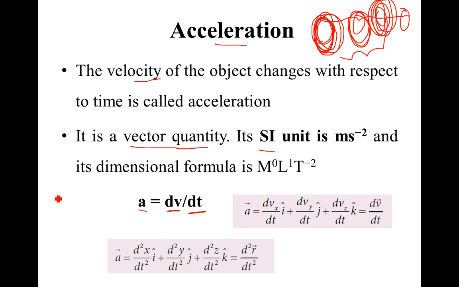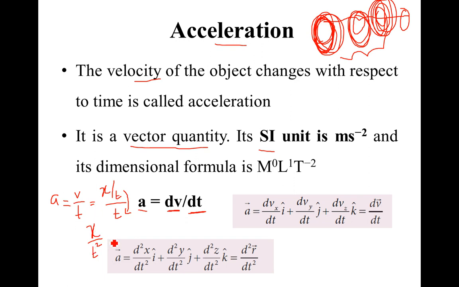So what is its unit? We know that acceleration is equal to velocity by time, and velocity is displacement by time, divided by one more time. So acceleration is displacement by time square.